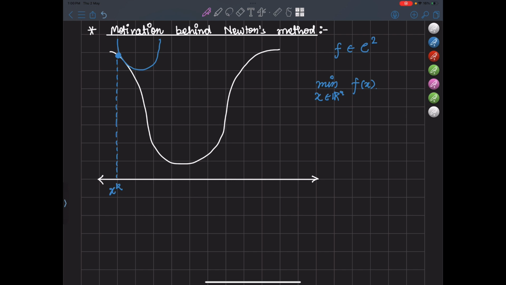I approximate this function to be a quadratic function through what you call Taylor series expansion. We assume it and then find its minimum. Because it's quadratic, it will always have a local minimum. We use this as the next point, xk plus 1.